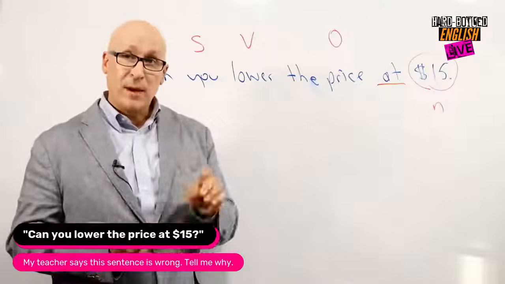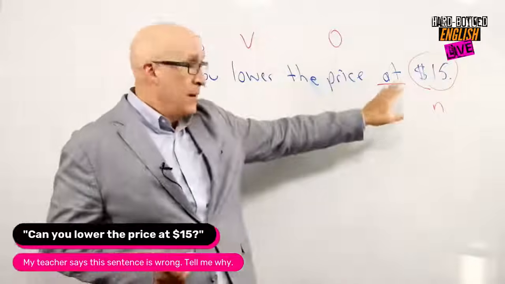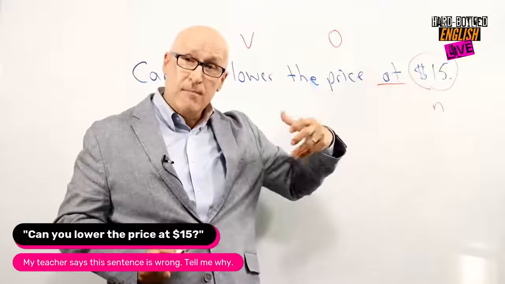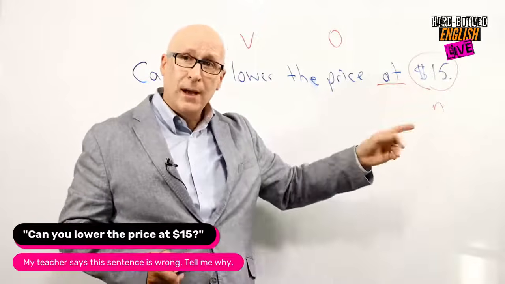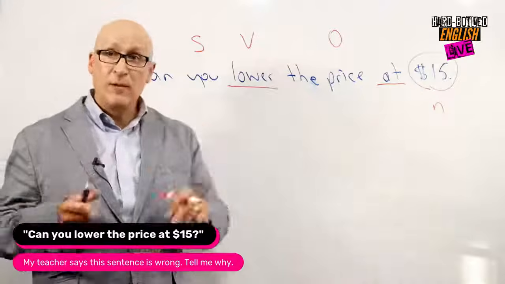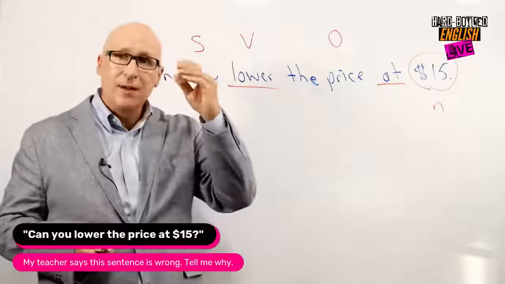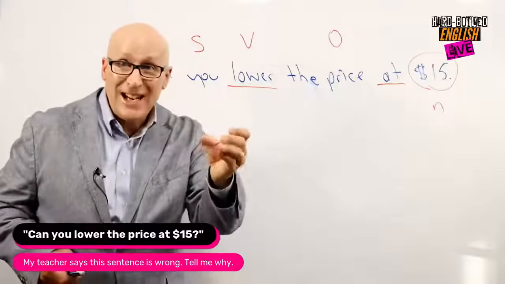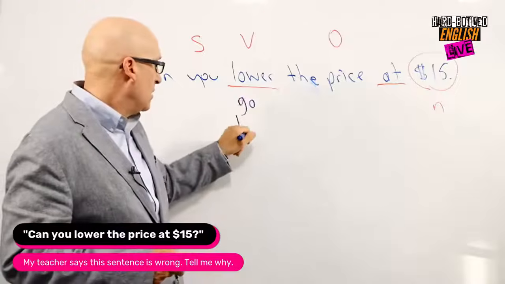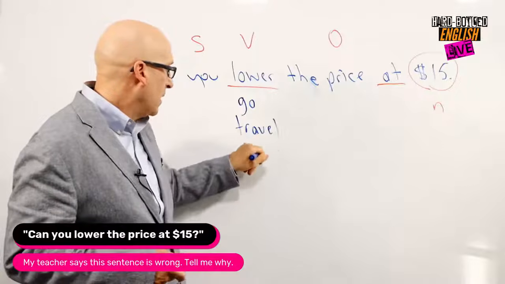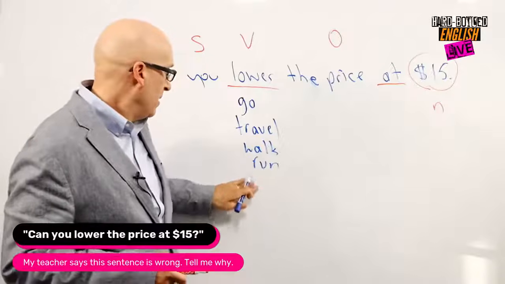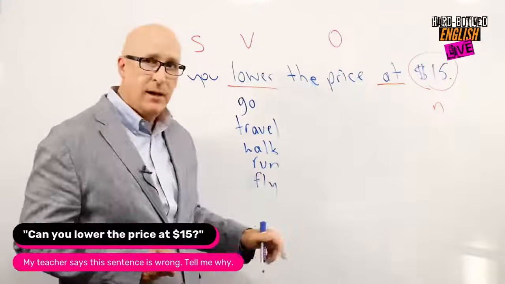But here's the important thing about prepositions. They connect nouns, but sometimes the choice of preposition is motivated or created by the verb. And lower is one of the group of verbs of movement or change, right? Think about verbs like go, travel, walk, run, fly, okay?